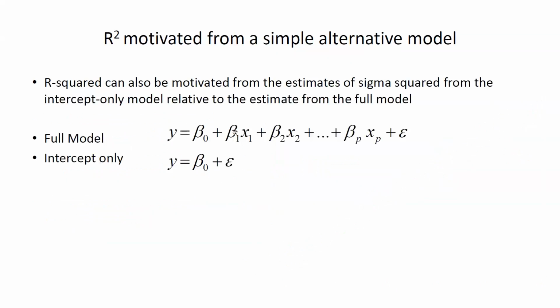Whereas here we have the full model with many x variables. Of course, in the graph on the previous page, only one x variable. So the R squared can also be motivated from the estimates of sigma squared from the intercept-only model relative to the estimates from the full model.